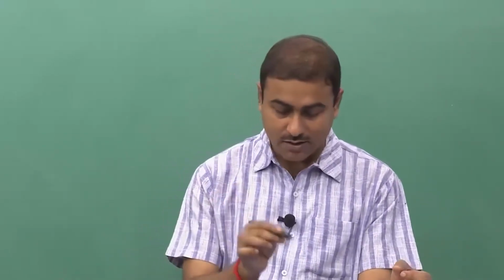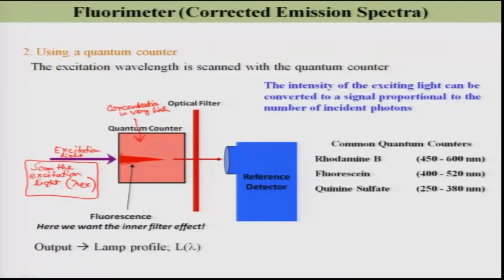Let's draw the lamp spectra, intensity of lamp output versus lambda, for this allowed region of the lambda excitation. That lambda will be used as lambda excitation.